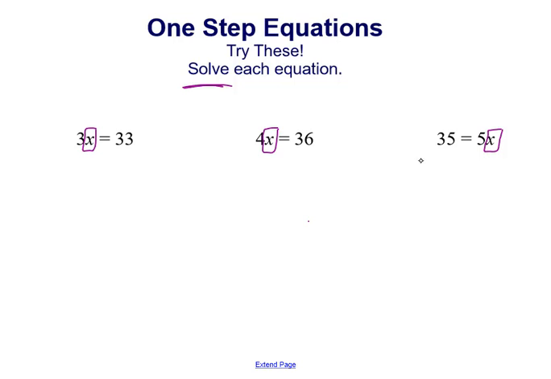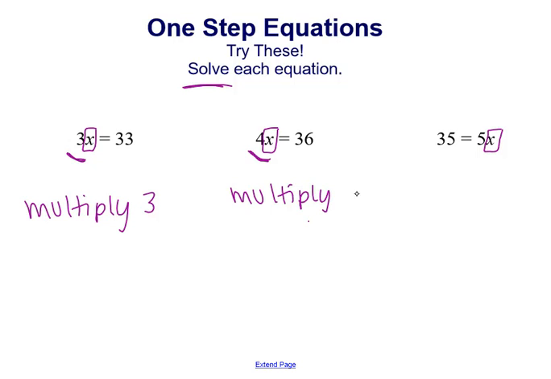But in all three equations, we have currently the operation happening to the variable x is multiplication. X is being multiplied by 3 in the first equation. It's being multiplied by 4 in the second equation, and it's being multiplied by 5 in that last equation.